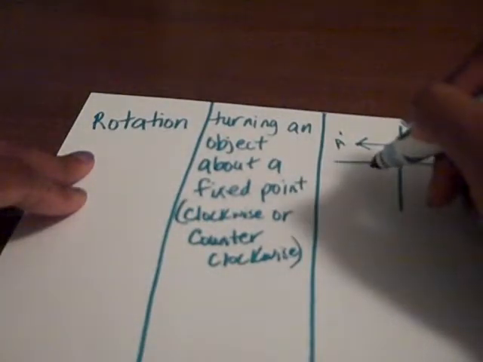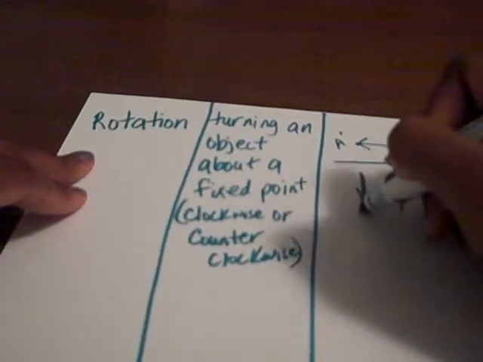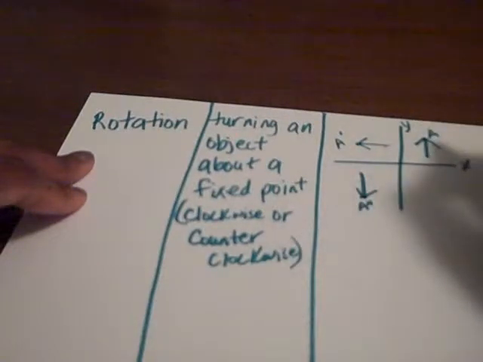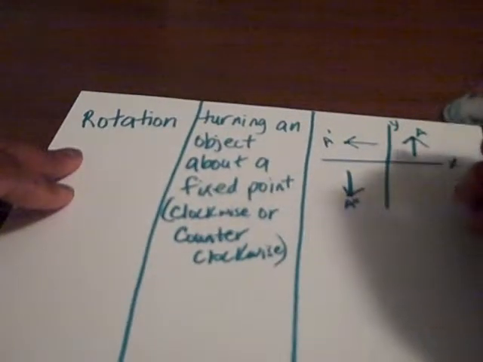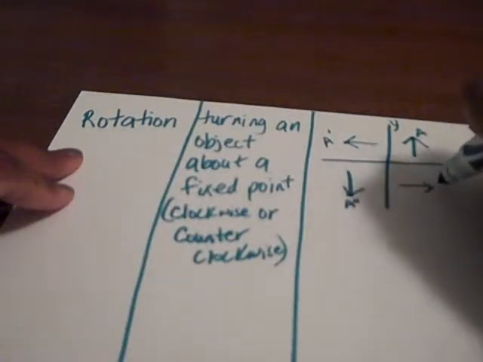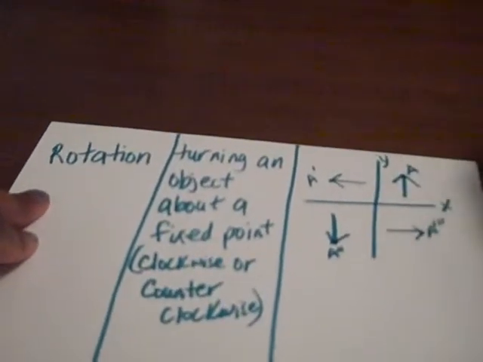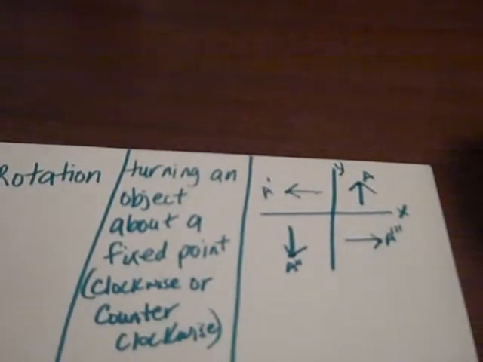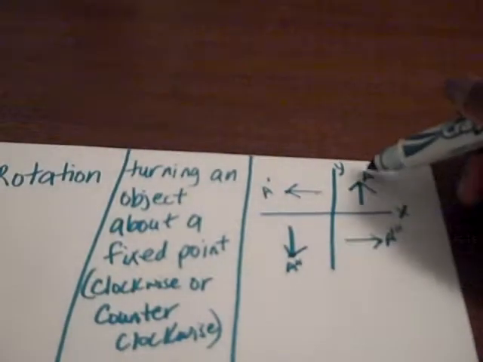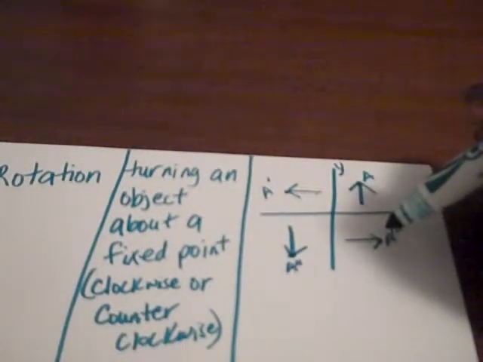If I turn it again, it is now going to face down with my A double prime facing the bottom. And if I rotate it one more time, it is going to face towards the right with my A triple prime facing towards the right. Let me get in a little bit closer so you can see that. You can see that my arrow was rotated, turned with every rotation that I completed.